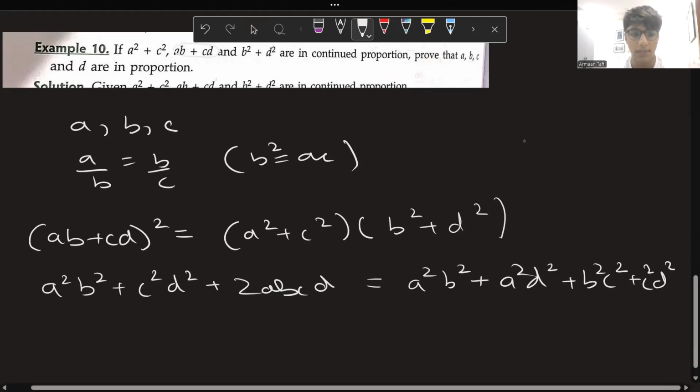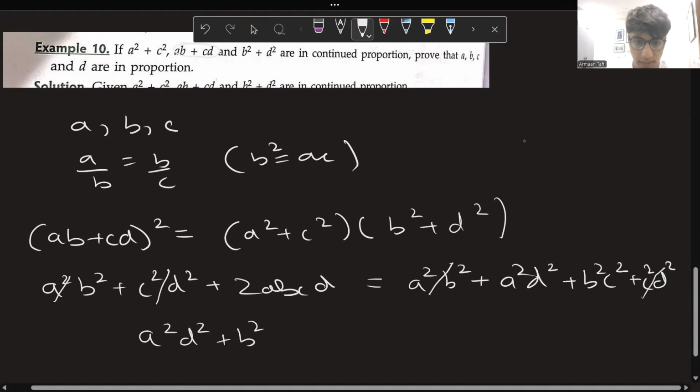Now once we simplify this a bit, your a square b square cancels out from both sides, and your c square d square also cancels out from both sides. And you're left with, if I take this all to one side, a square d square plus b square c square minus 2abcd equals 0.